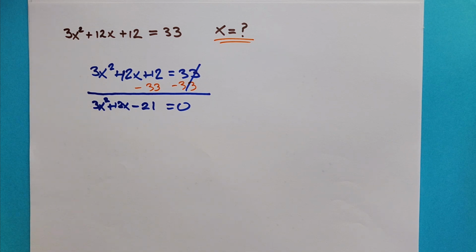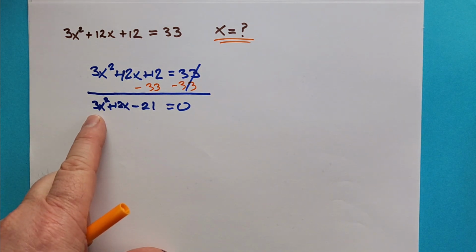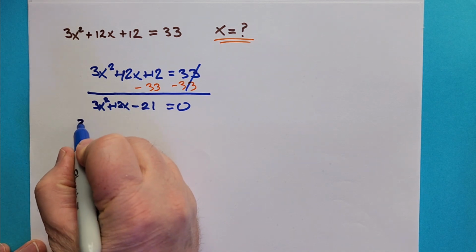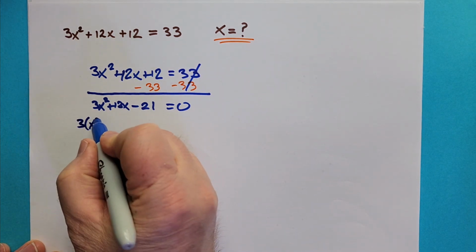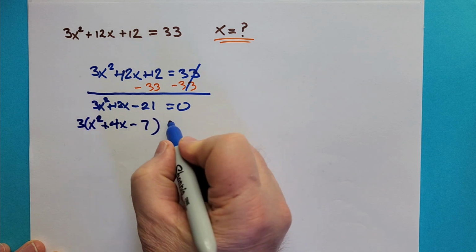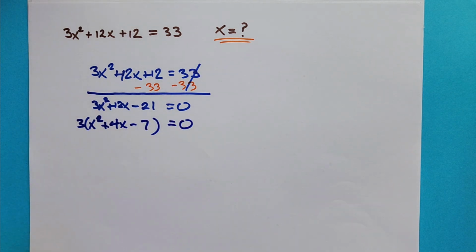We don't have to do that. Everything will still work out in the end. But sometimes it helps to do that because, well, if we do that, then a would become 1. And when we run the quadratic formula, it's actually easier. So let's go ahead and give that a try. Let's go ahead and factor out the 3. So we're going to be left with the quantity x squared plus 4x minus 7 equals 0.